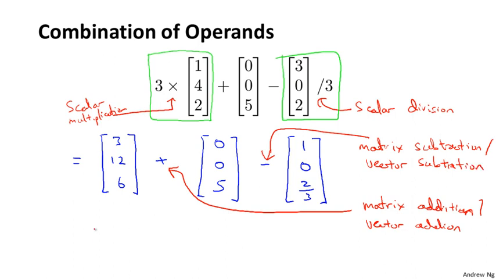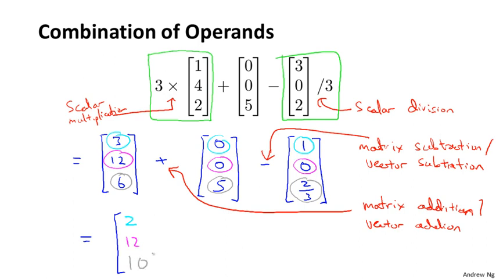Finally, to wrap this up, this gives me a vector whose first element is 3 plus 0 minus 1, so that's 3 minus 1, which is 2. The second element is 12 plus 0 minus 0, which is 12. And the third element is 6 plus 5 minus 2/3, which is 11 minus 2/3, so that's 10 and 1/3.